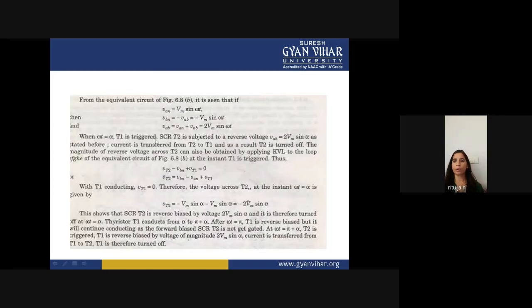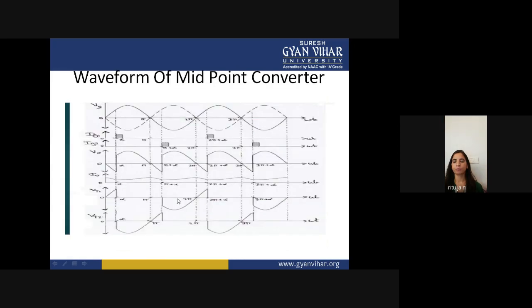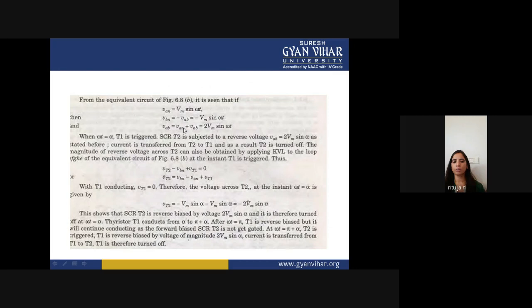Now these are very important equations for this midpoint type converter. Suppose this is your point A and this is your point B, and this is the neutral point N. The voltage across A and N is called VAN, and the voltage across B and N is called VBN. From the diagram, VAN is equal to Vm sine omega t and VBN is equal to minus Vm sine omega t.